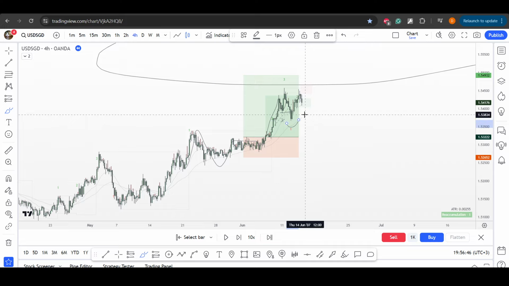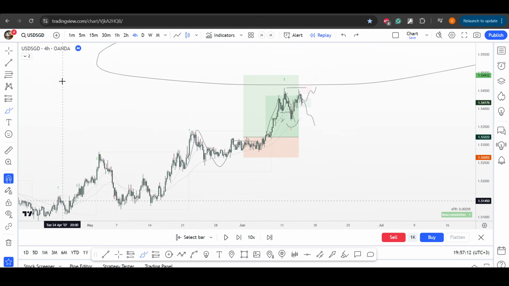Usually, if reaccumulation and trend wants to continue, it needs to break these highs. Otherwise, if we break here, it will almost surely be break even, because then in motion we will have this zone that was created after liquidity was taken, and it will push the market some distance.